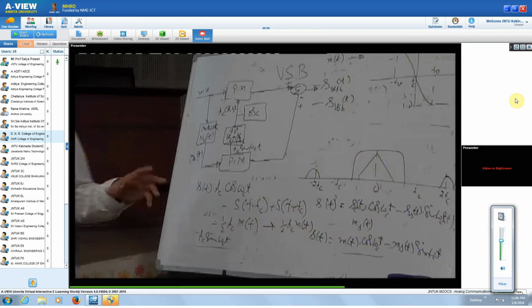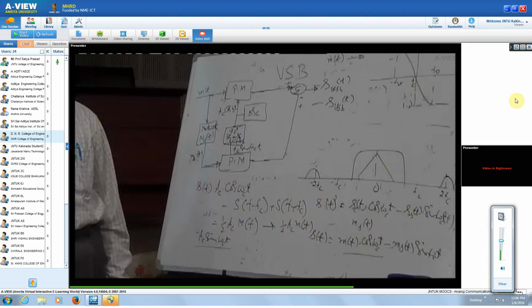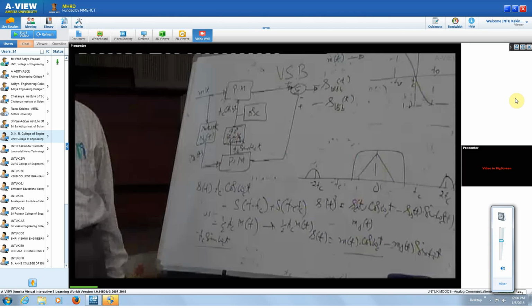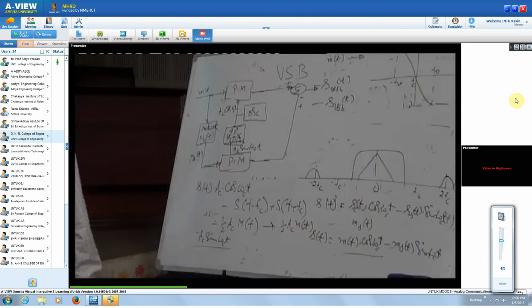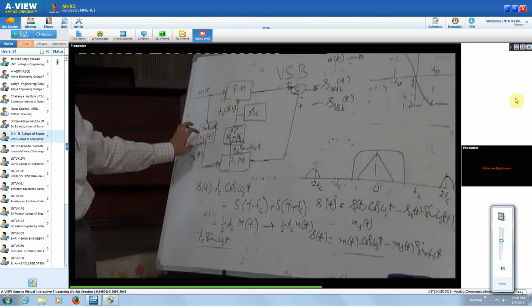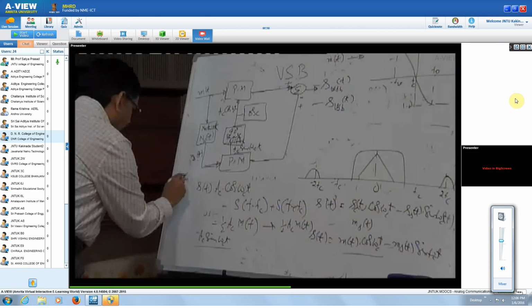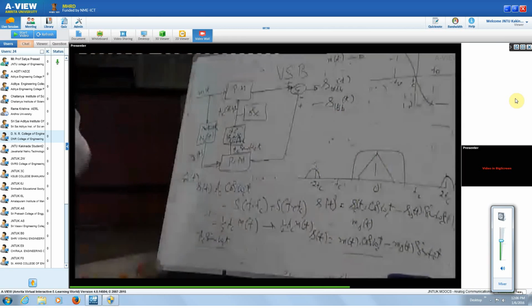What is the difference that we are looking into compared to your SSB phase discrimination method of generation? Instead of having this type of characteristics, this network is a Hilbert transformer. So that if you have this m hat of t, m of t minus m hat of t sin omega ct gives you your SSB signal.